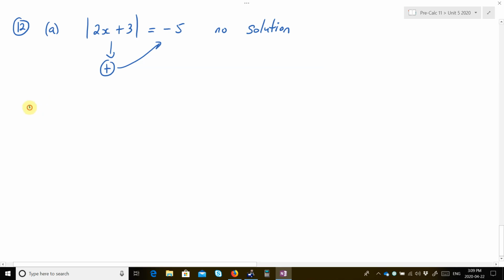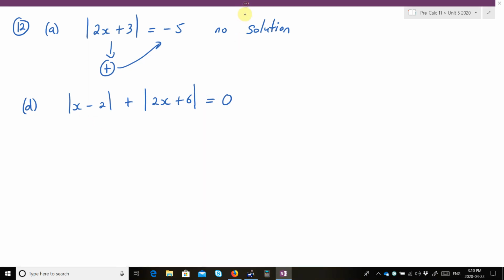Okay, another one that has no roots is letter D here. The only way these two absolute values could add together to give 0 is if they both work out to 0 from the same x value.